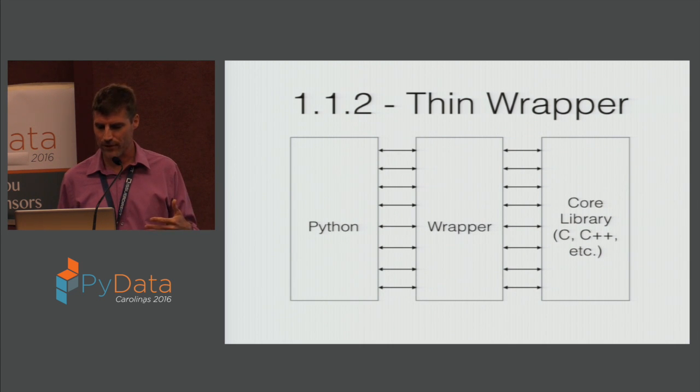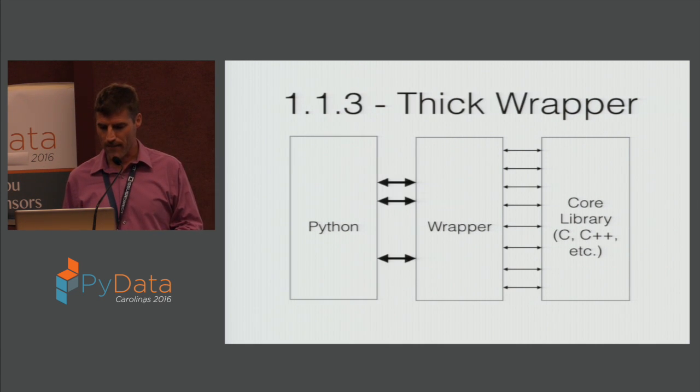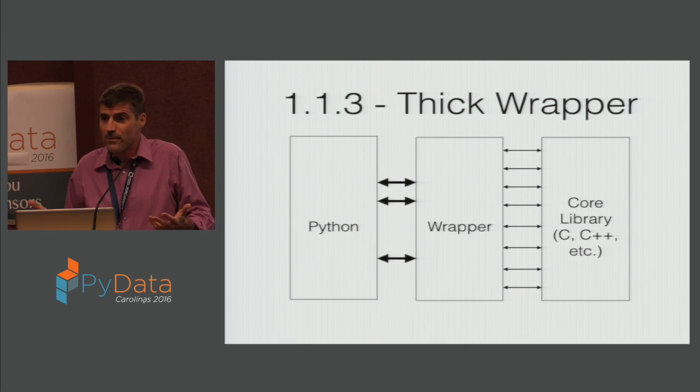Another diagrammatic way of looking at this, if that's even a word, is to show here how in this core C library that I have maybe, I don't know, 20 functions, and if you write a very thin wrapper, they're just going to come through one-to-one and be exposed into Python without any sort of decoration or fanciness. A thicker wrapper might take the time to translate those concepts, maybe even into objects.